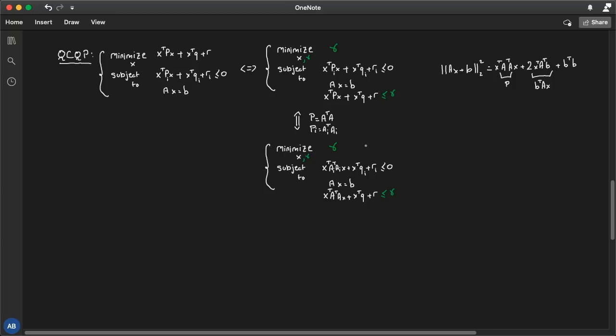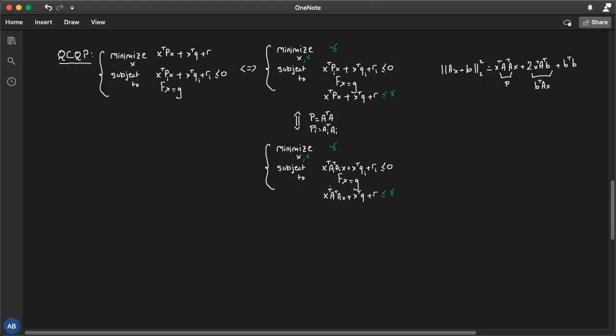So we just replaced each Pi with Ai transpose Ai and the P with A transpose A. Now, in order not to confuse notations, I have my A here and I have another A which has nothing to do with this A. So I'm going to go back here and erase what I had here. Instead of Ax equal to b, I'm going to write down Fx equal to g. Okay, I'm going to replace this over here and this over here so as not to confuse notation. Right, so now instead of my Ax equal to b, I have an Fx equal to g.